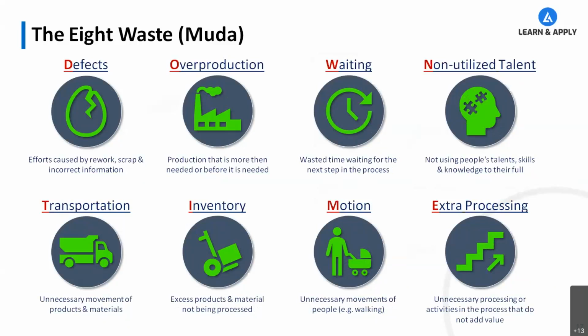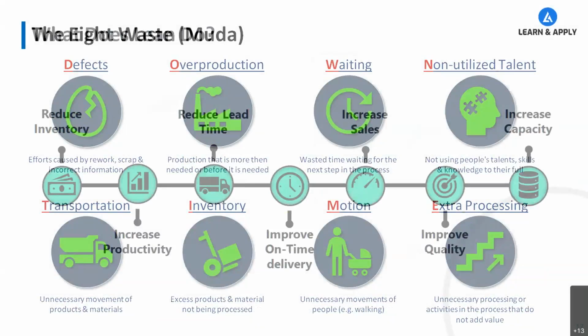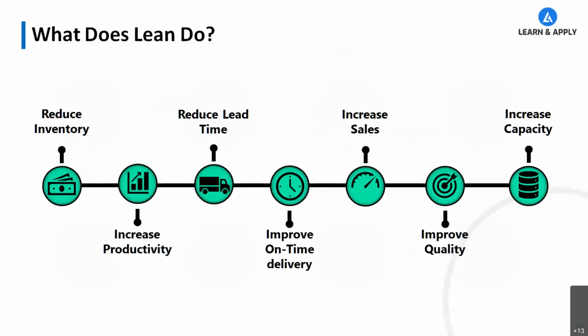So after analyzing these wastes and removing them, what are the benefits of lean that we can get? First is reduced inventory. We will get rid of the excess inventory, and as we know, inventory is a blockage of money. That blocked money gets released, and that leads to multiple benefits, like increased productivity, then reduced lead time, as we have reduced the excess motion and excess transportation.